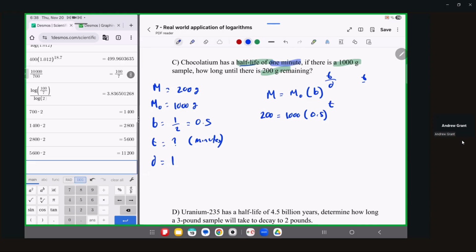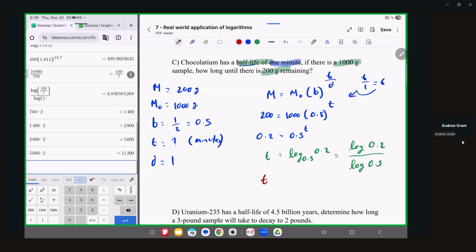because remember, in this case, it was T over 1, which becomes T. Divided by 1,000, we get 0.2 is equal to 0.5 to the T. In logarithmic form, we end up with T is equal to log base 0.5 of 0.2, which will be log of 0.2 divided by the log of 0.5.